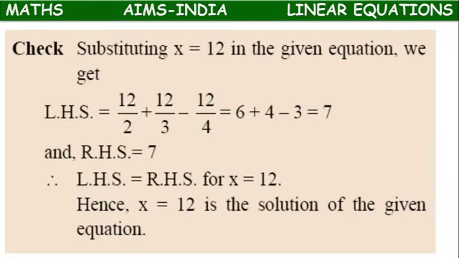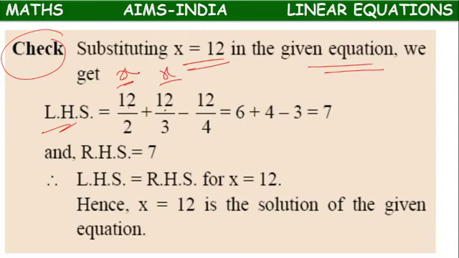How to cross check it? Substituting x equal to 12 in the given equation. LHS: x by 2 plus x by 3 minus x by 4, in the place of x we are keeping 12. 2 sixes are 12, 3 fours are 12, 4 threes are 12. 6 plus 4 minus 3: 6 plus 4 is 10, minus 3 is 7.